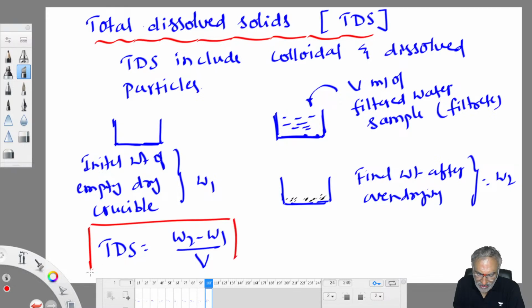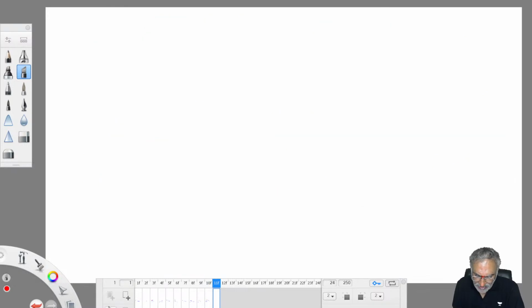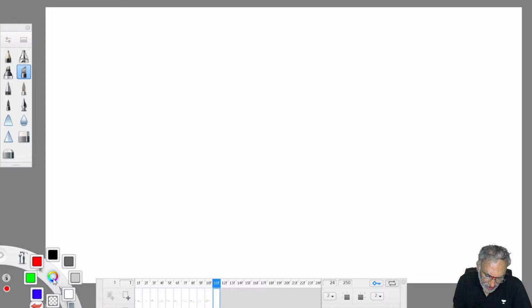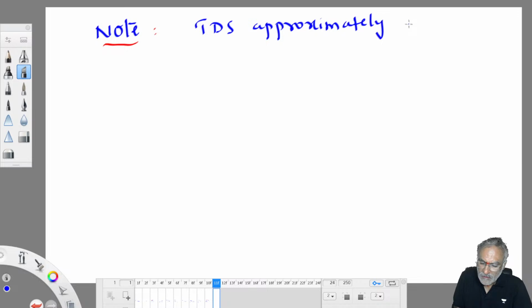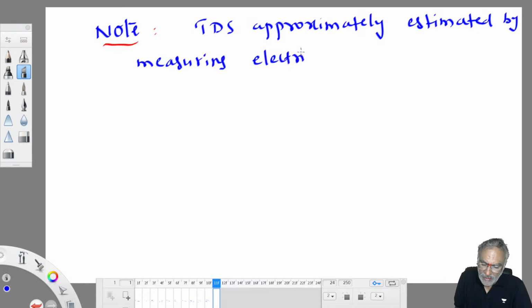That's all. Sometimes we also measure TDS quickly, approximately, by measuring the electrical conductivity of water.